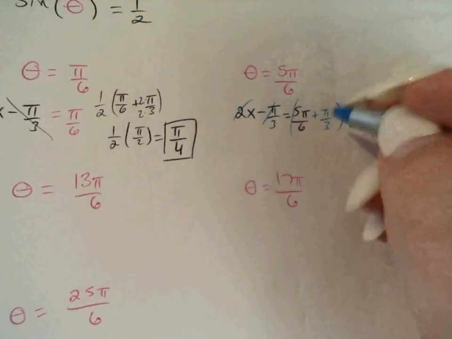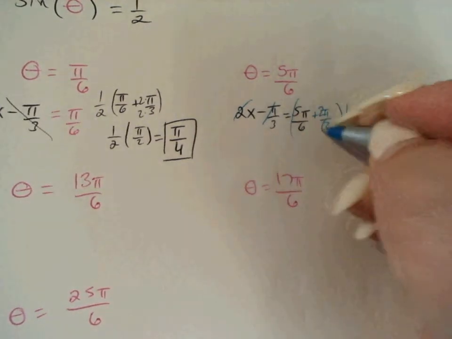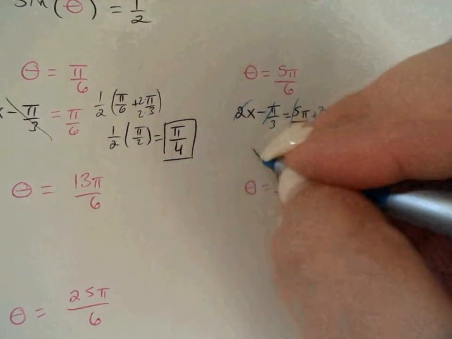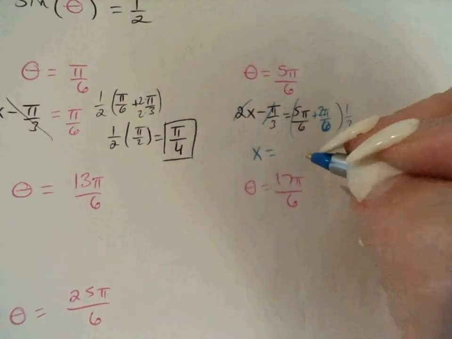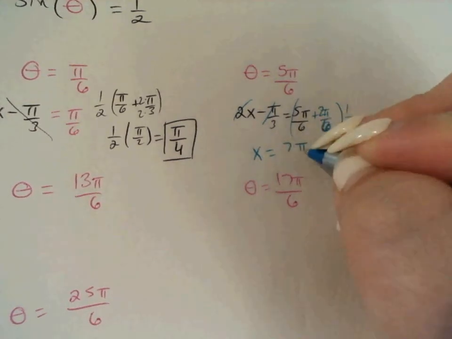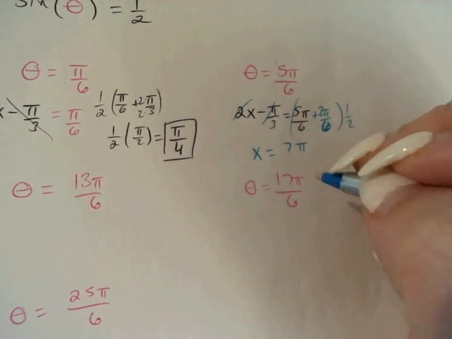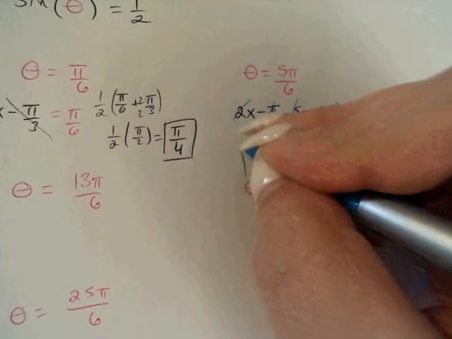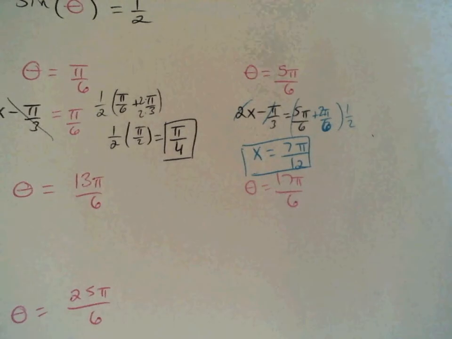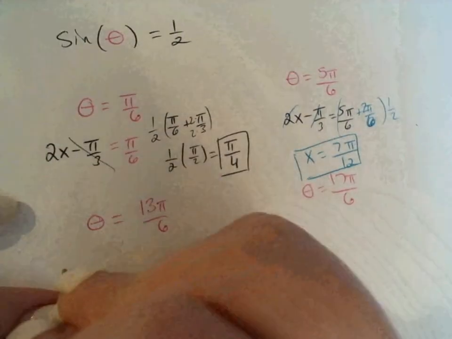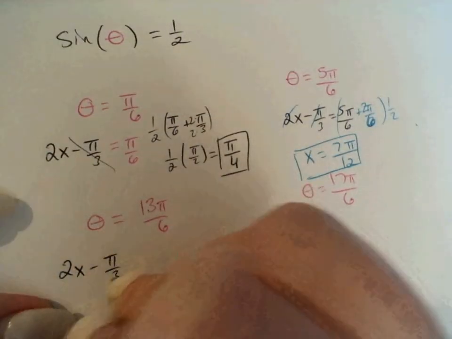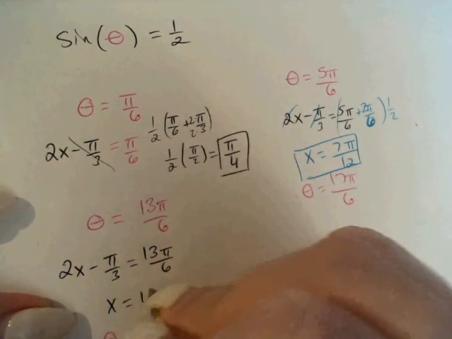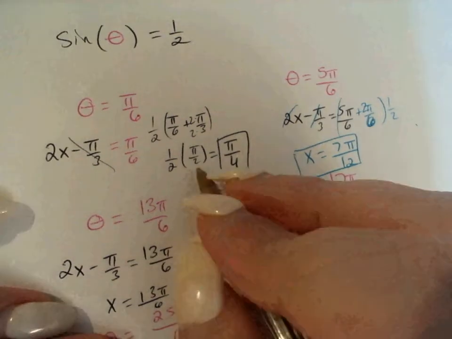So once you start realizing that's a pattern, you could just keep on saying, well, these are all 6, so this is going to be 2 pi over 6. So that's 7 pi over 6 times 1/2, so that's 7 pi over 12. So when x equals 7 pi over 12, and I'm going to do some shortcuts. 2x minus pi over 3 equals 13 pi over 6.